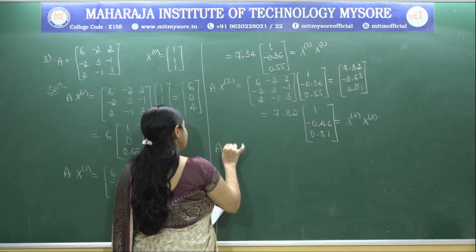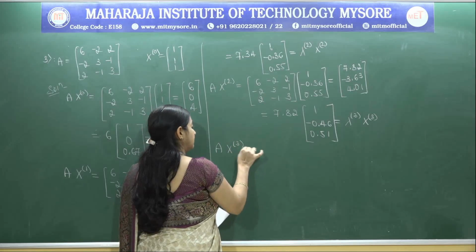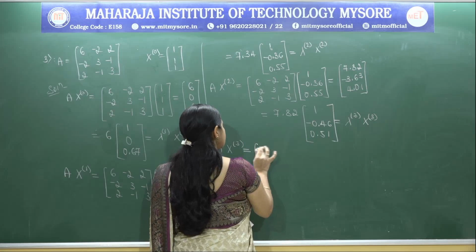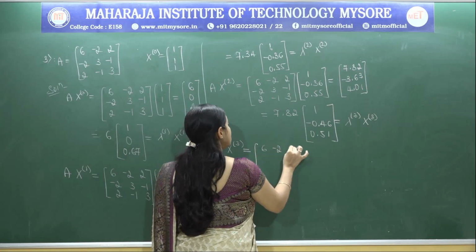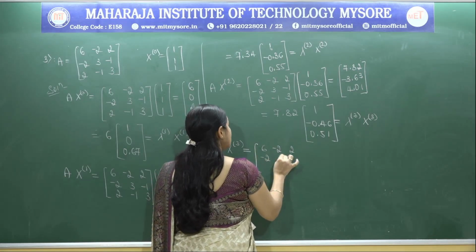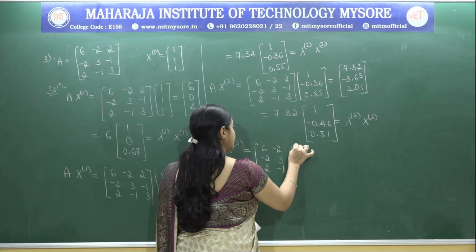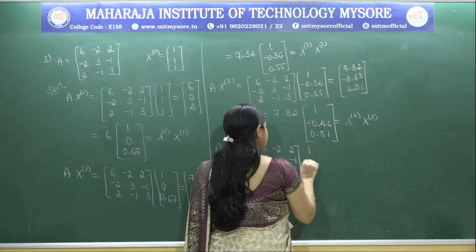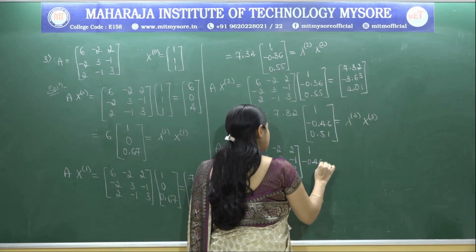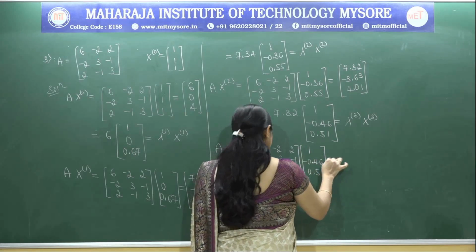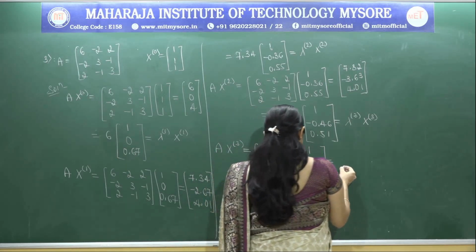Next again, A with x of 3. So it is 6, minus 2 and 2, minus 2, 3 and minus 1, 2, minus 1 and 3, with 1, minus 0.46, 0.51. So take the matrix multiplication.